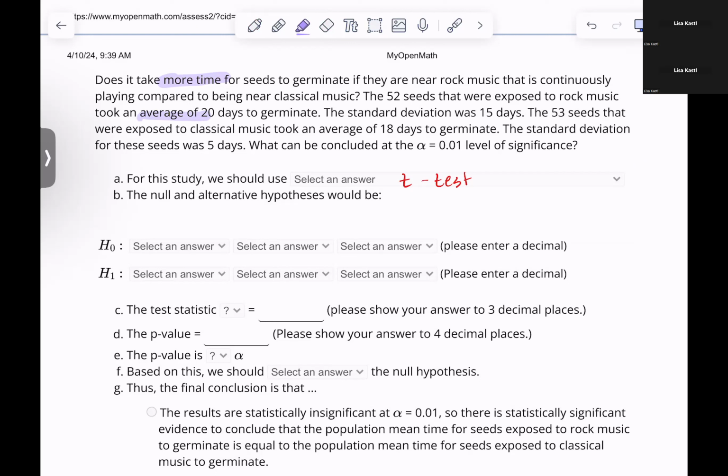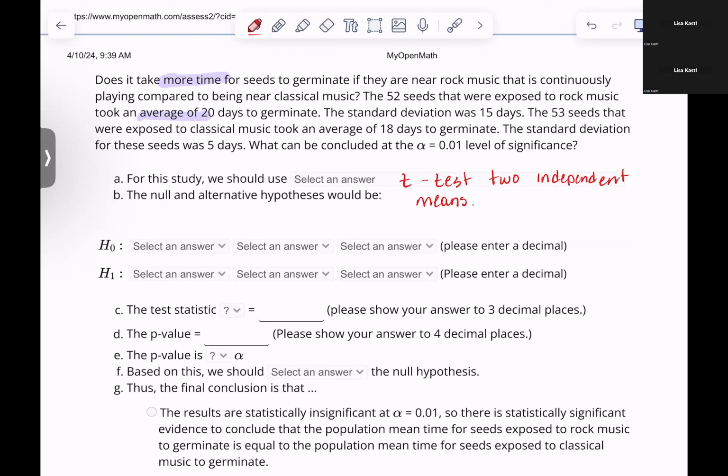And this is independent. So this is a t-test for two independent means. I mean, you're not germinating the same seed. You're germinating two different groups of seeds. So they're independent. One is listening to rock music, the other is listening to classical.